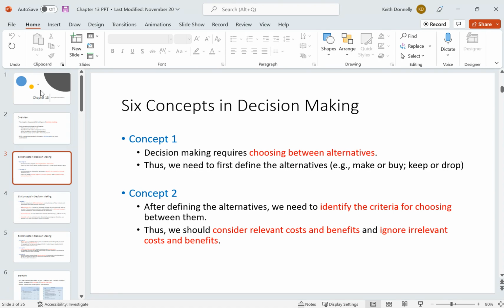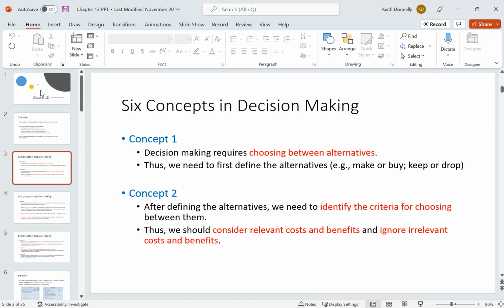Concept 2 says, after defining the alternatives, we need to identify the criteria for choosing between them. Thus, we should consider the relevant costs and benefits and ignore irrelevant costs and irrelevant benefits.